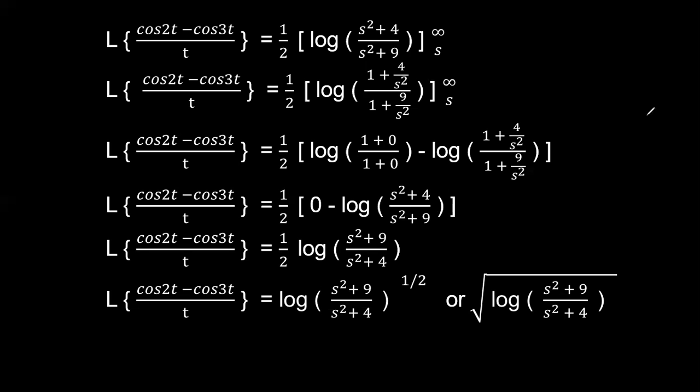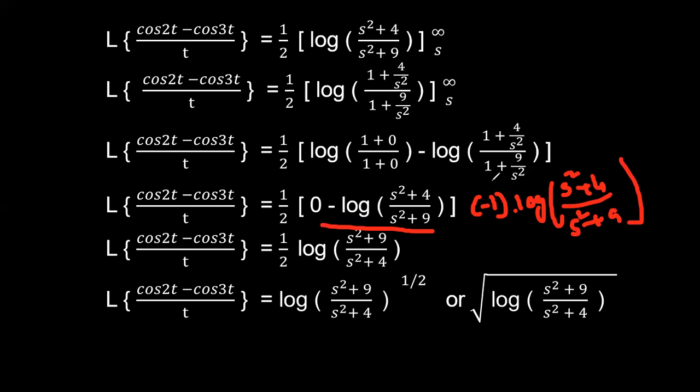If you see carefully here, 1 by 2 will be kept outside into 0 minus log of s square plus 4 by s square plus 9. This minus sign indicates minus 1 into log of s square plus 4 by s square plus 9.